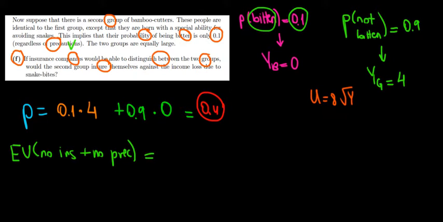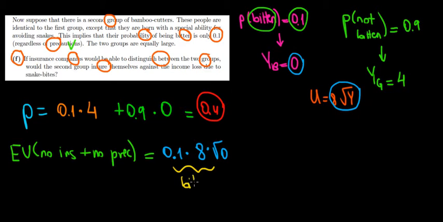We have the data over here. With the probability of 0.1, the guy gets bitten and his income would be just 0 euros. And the utility from that would be 8 times square root of 0. That's in the case of being bitten. Now with the remaining probability, which is 0.9, so 0.9 times. What happens there? Well, the guy keeps all his income because he's not bitten, and the utility would be 8 times square root of 4.